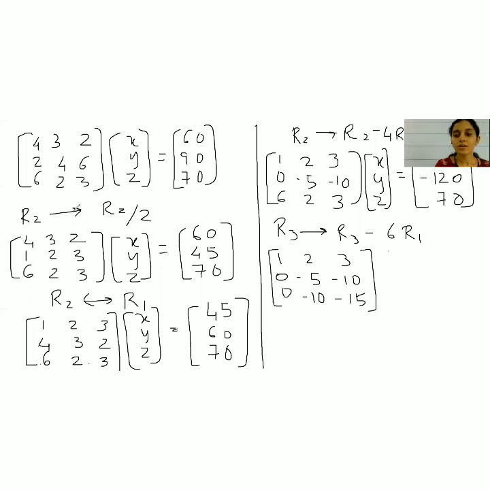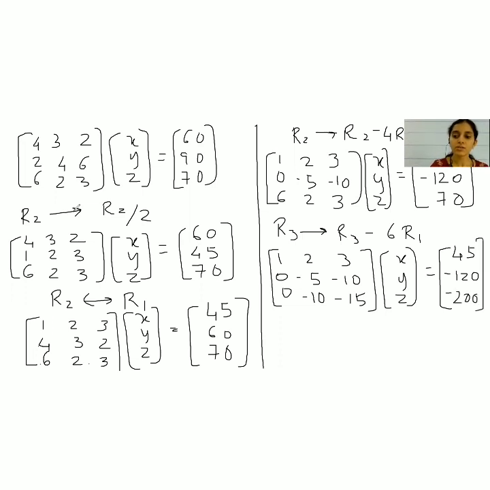Then we have your x, y, z here, and the last one, what is changing? R3. The first two rows remain as it is, 70 minus 6 times 45, so that will be 270, 70 minus 270, so minus 200.